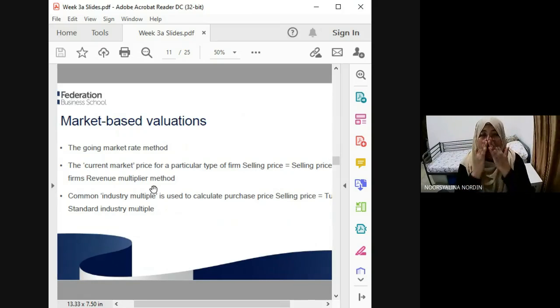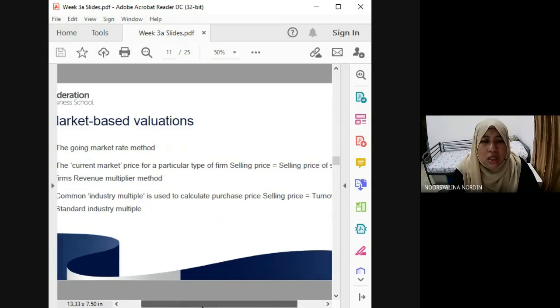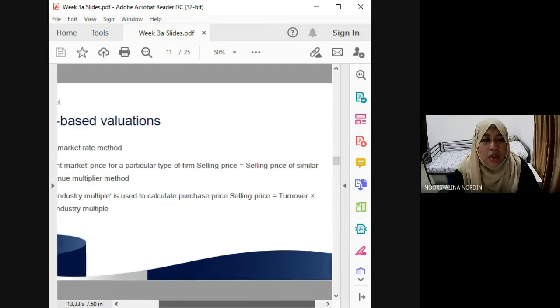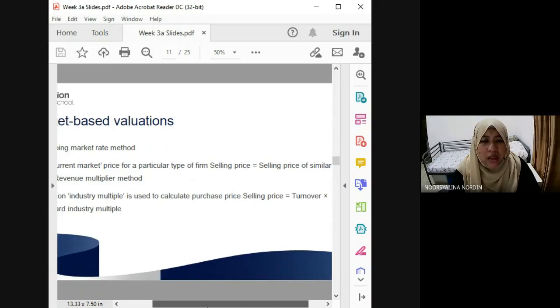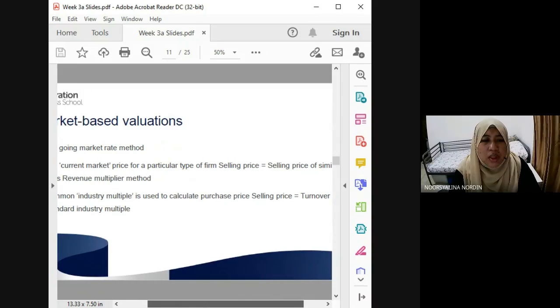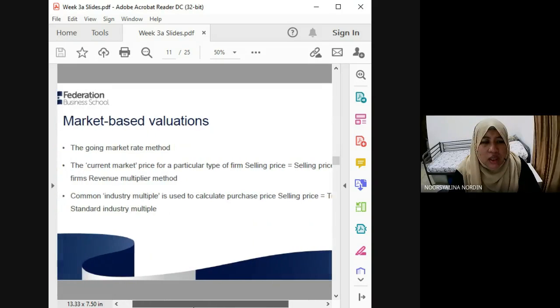The selling price equals the selling price of similar firms using the revenue multiplier method. It says here a common industry multiple is used to calculate the purchase price: selling price equals turnover times standard industry multiple.